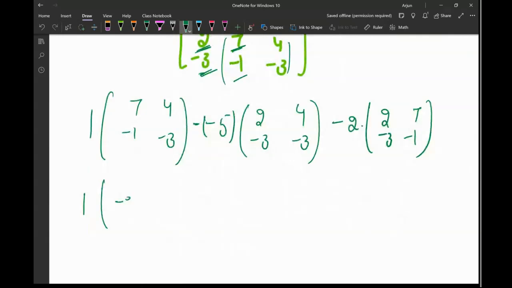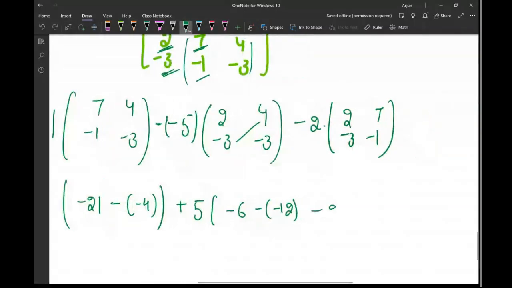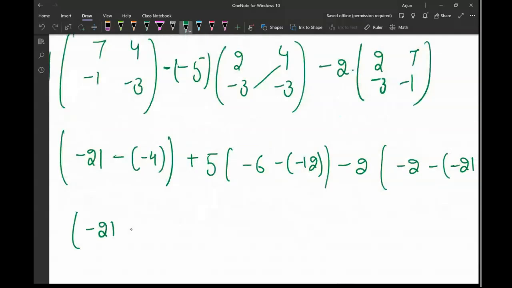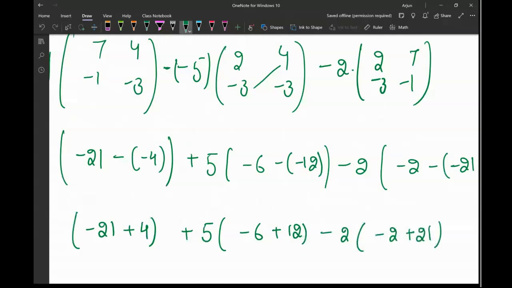7 times 3 is 21, -21, minus of 4, and this will become plus 5. 3 times 2 is 6, and 4 times 3 is 12, and then -2, and this will be 2 times -1 is -2. Now this is -21 plus 4 and plus 5, and -6 plus 12, and -2 and -2 plus 21.